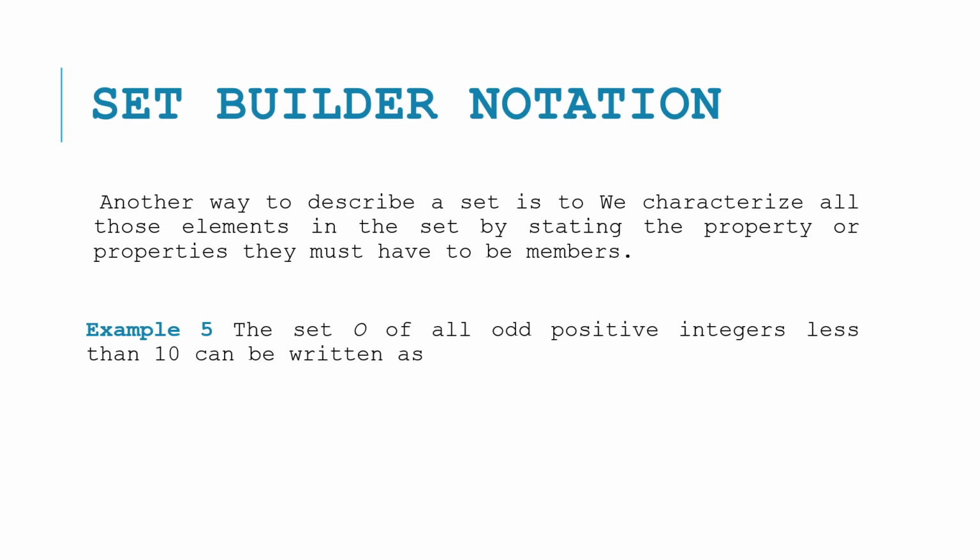So another way to describe a set is to characterize all those elements in the set by stating the property or properties they must have to be members of the set.